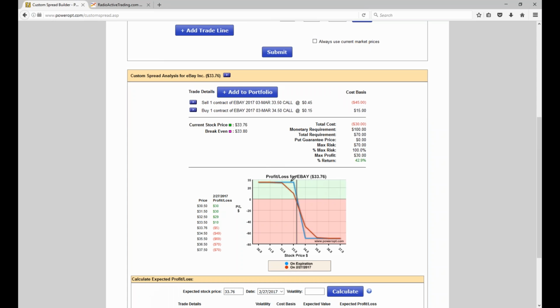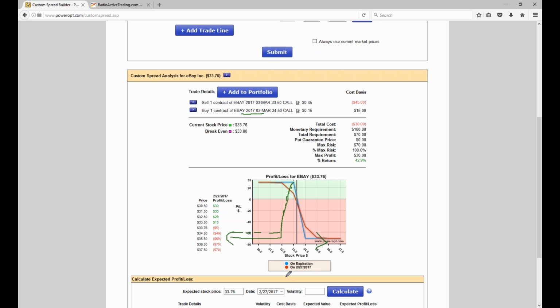Our pivot point is 33.5. I would have rolled, hopefully, before it went in the money, but maybe I missed it, and the stock just gapped up. And remember, this is out to March 3rd, so we're a couple weeks away, 14 days or so. Now, when I showed the butterfly repair by selling another 33.5 call, which is now in the money, and buying that, we created this kind of risk-reward profile where I could still lose to the downside if the stock reversed, and I could lose to the upside if the stock continued up.